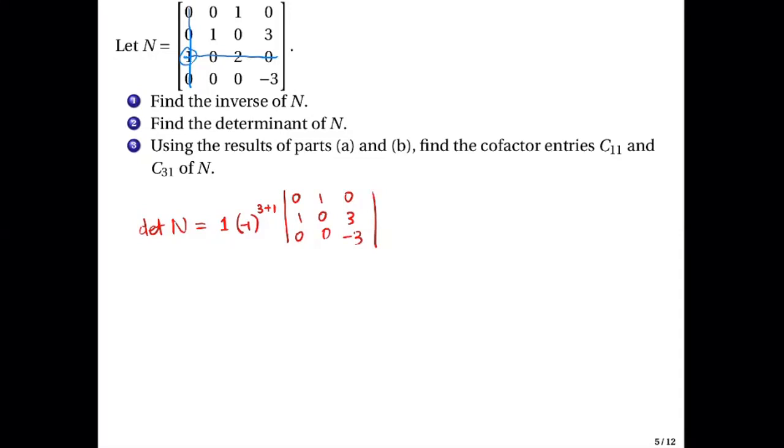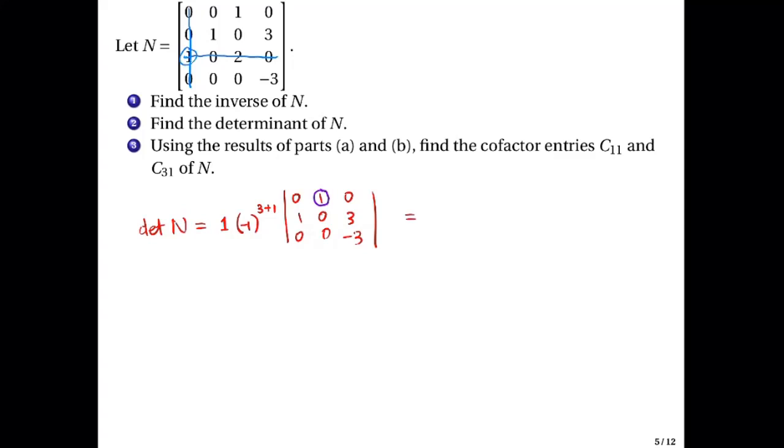And if you calculate this, we can still do expansion along the first column or along the first row. It's up to you. Let's just do expansion along the first row this time. So cofactor expansion along the first row.